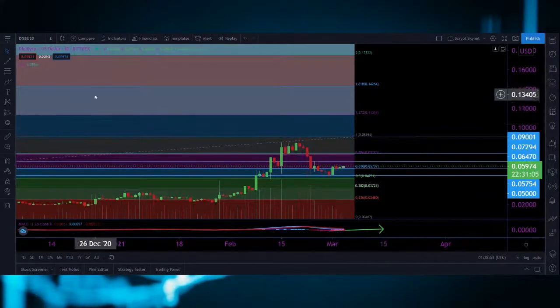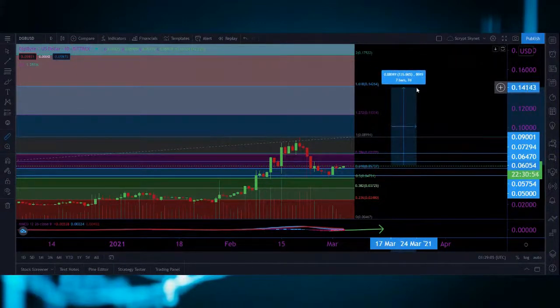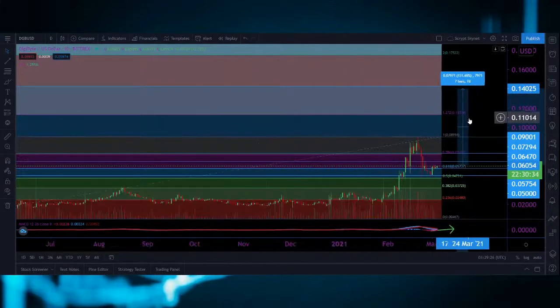Let's measure that, from where we are now to 14 cents. Shoot, I can't nail it right there. Okay, let's just say there. That's only a 131% gain, guys. 131. DigiByte does that all the time.